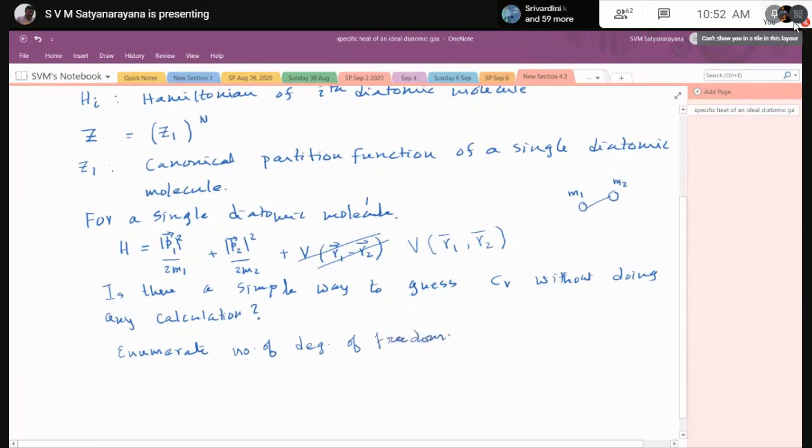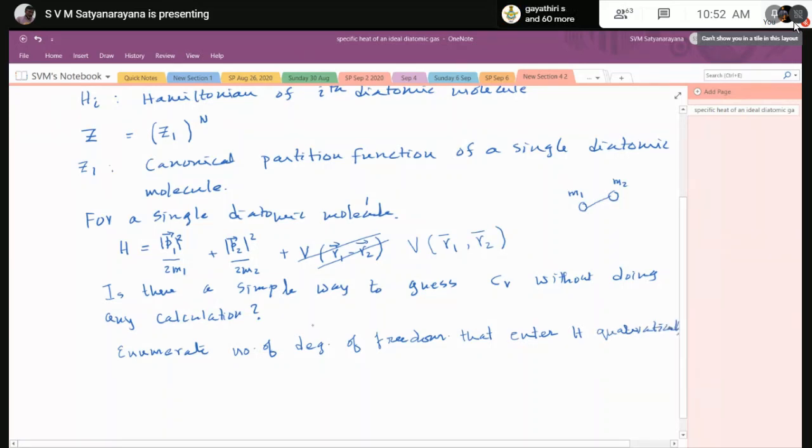Okay, so how many degrees of freedom are there, and more importantly, how many degrees of freedom enter the Hamiltonian quadratically? Why is this important?